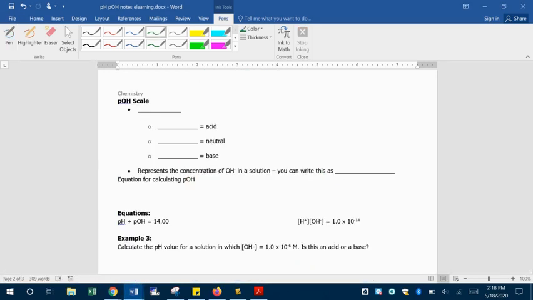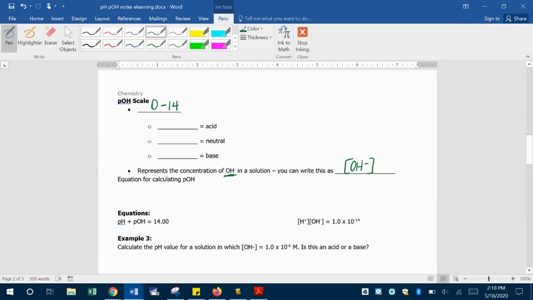Almost exactly the opposite is the pOH scale. And just like the pH scale, the pOH scale ranges from 0 to 14. Why I say this is the opposite is because it's going to represent the concentration of hydroxide ions in a solution. So you can write this as brackets around hydroxide.